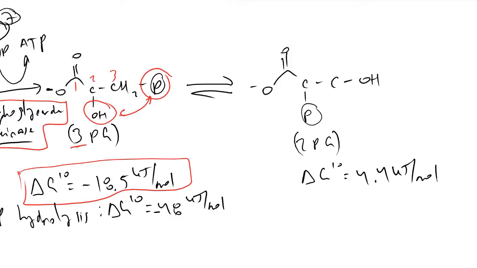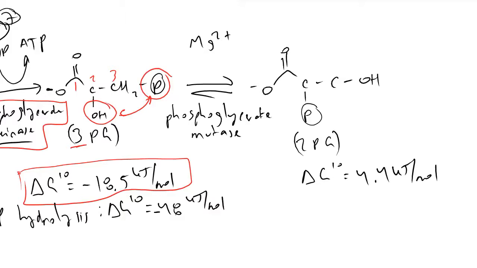And therefore it's just telling us that our equilibrium does lie a bit to the left. An Mg2+ ion is also helpful in catalyzing this reaction, and the enzyme that is involved is called phosphoglycerate mutase.